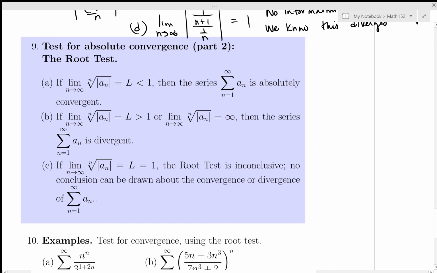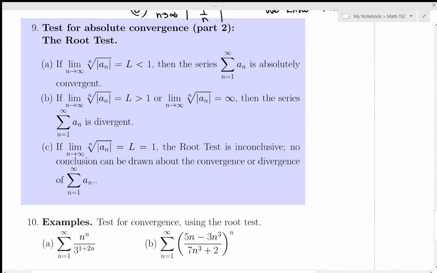Okay, here's the next of our two tests for today, and that is going to be the root test. And I'm just going to write to you when this one is useful. Convenient when nth powers appear. Okay, so that's when we want to be looking at using that.